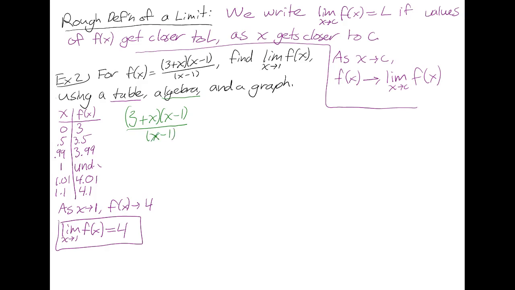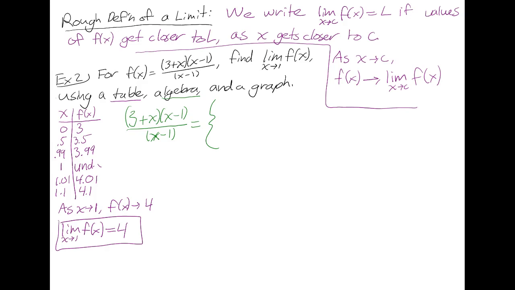Two things could happen. This could be equal to one of two things. One, if x is not equal to 1, then that means x minus 1 is not 0. And then a number divided by itself will always cancel out as long as it's not 0. But of course 0 over 0 is undefined.